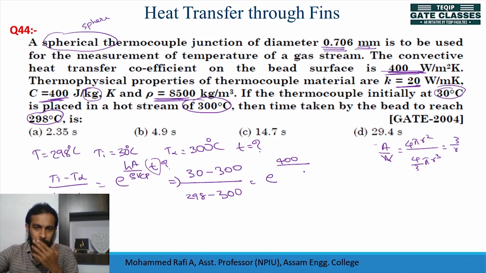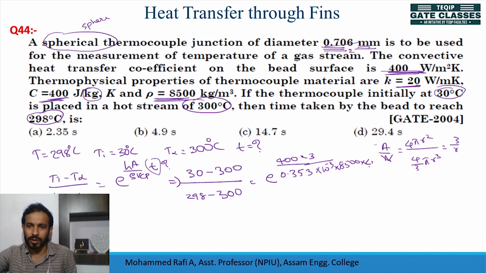So it is 3 divided by r, which is 0.353 by 2, into 10 to the power minus 3, and density is 8500, C value 400, into t. Now what is the value?